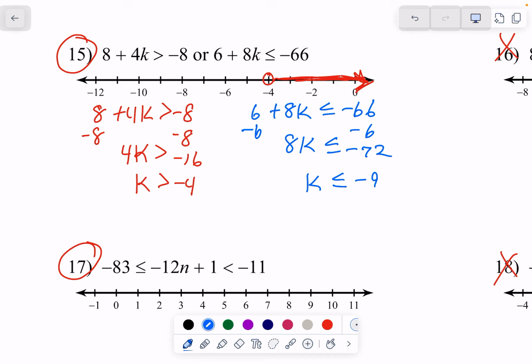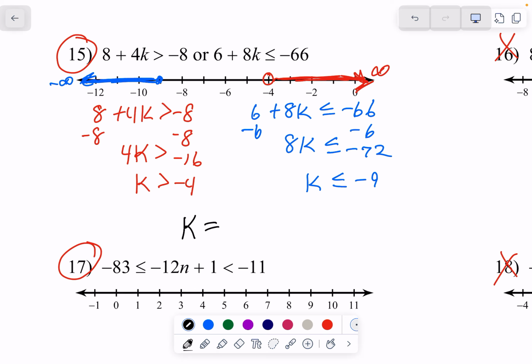Now that one has a closed-in dot at negative 9, and we shade to the left. So our answer is going to use both negative infinity, and it's also going to use positive infinity. Okay? So when you write the answer, you do it exactly like you did before, except we're going to have two intervals.